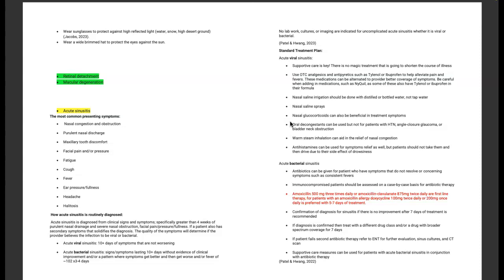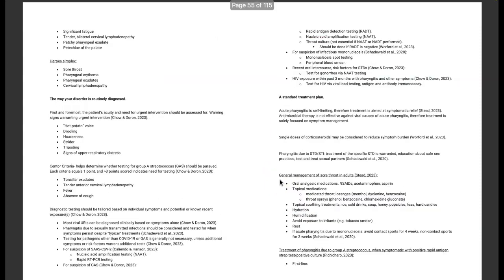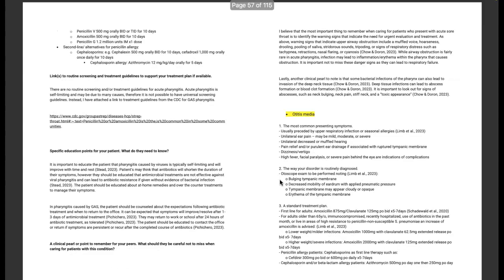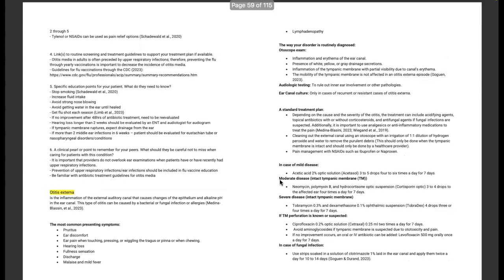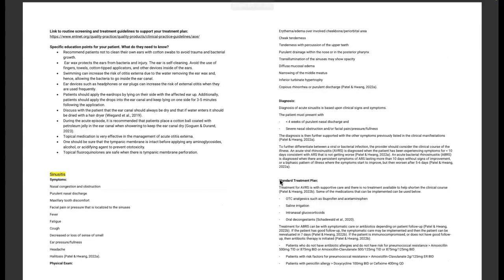Acute sinusitis, acute bacterial sinusitis, acute pharyngitis, and a standard treatment plan. Otitis media, otitis externa, sinusitis.